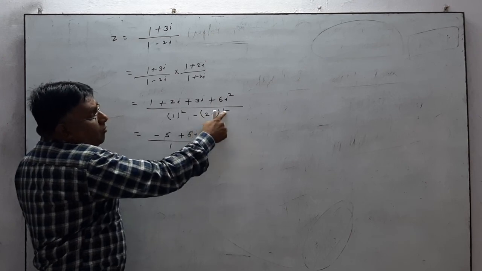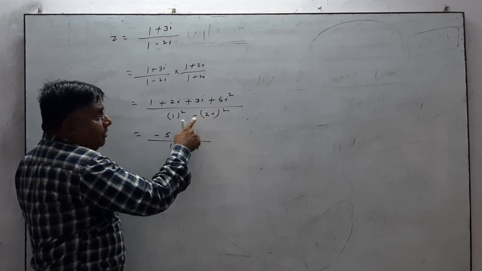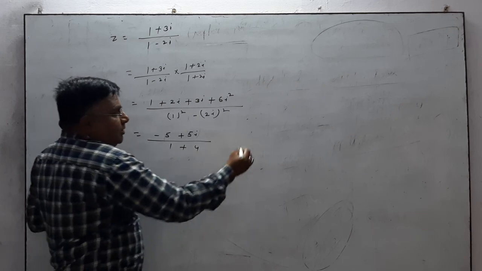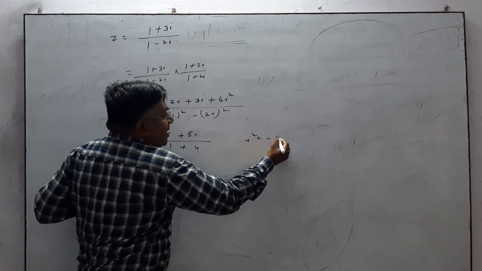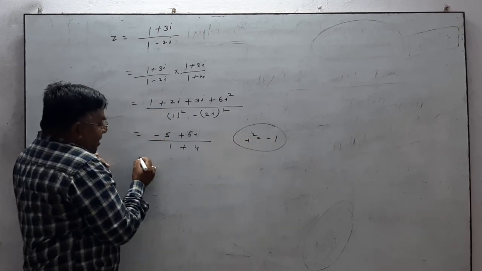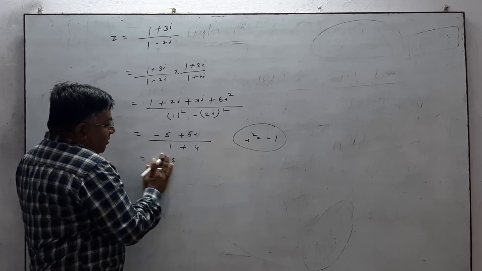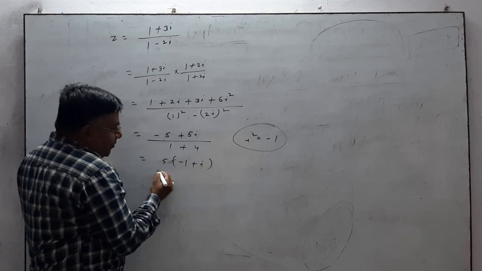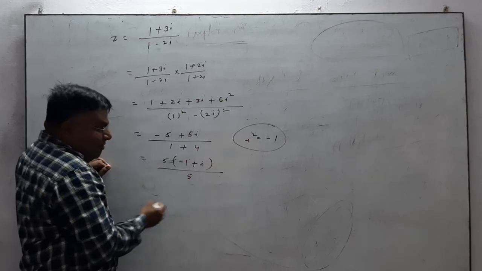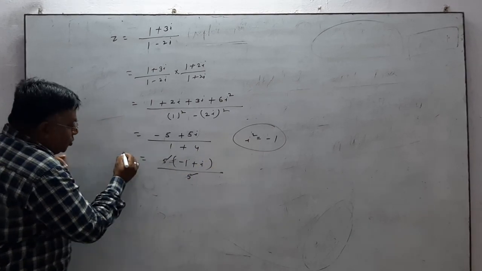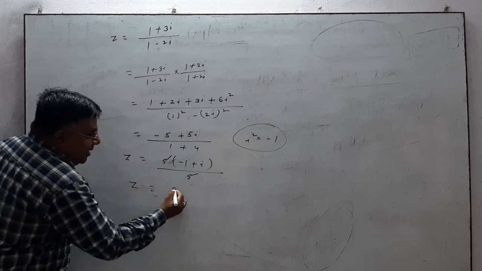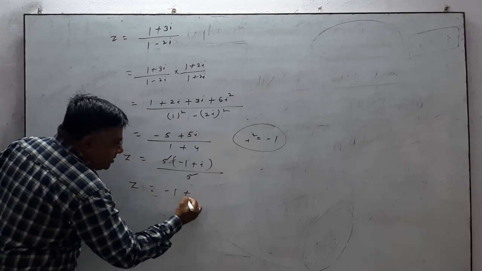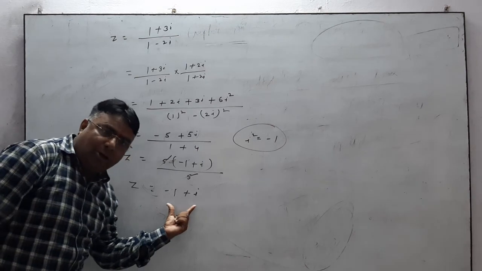And the value of iota square is minus 1, so minus minus plus 1, that is 4 plus 1, which is 5. Then 5 is common in the numerator, leaving minus 1 plus iota, upon 5, so 5 cancels. So the complex number is minus 1 plus iota. This is the a plus iota b form.